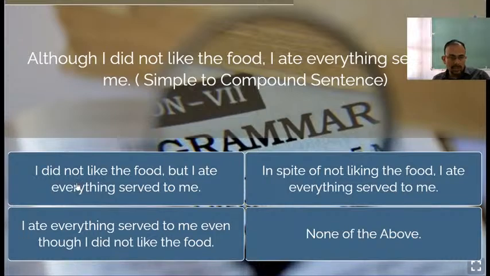For example, you see here, I did not like the food is completely independent. If you say, I did not like the food, it is complete in itself. Once again, I ate everything served to me. That is also complete in itself. It means both the sentences are complete in themselves, right?